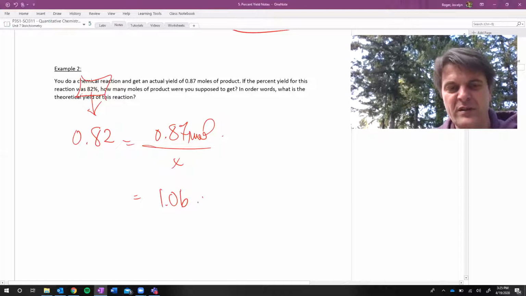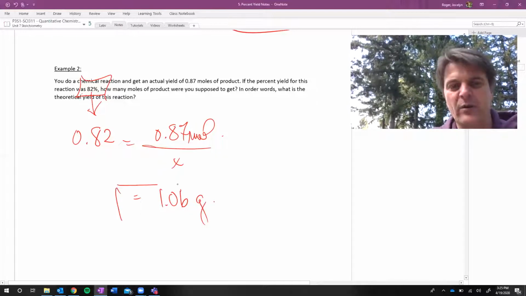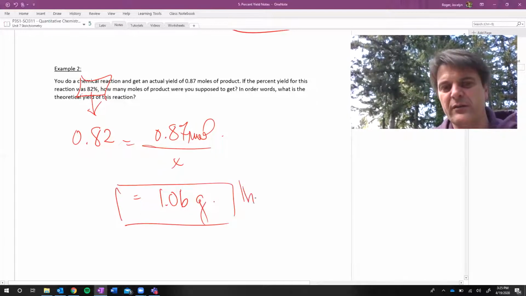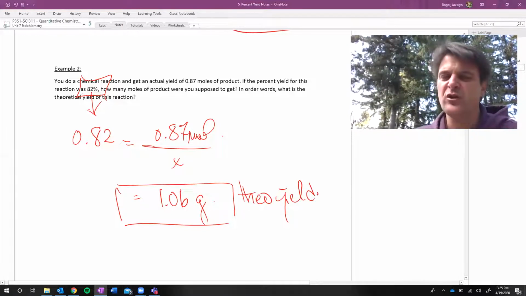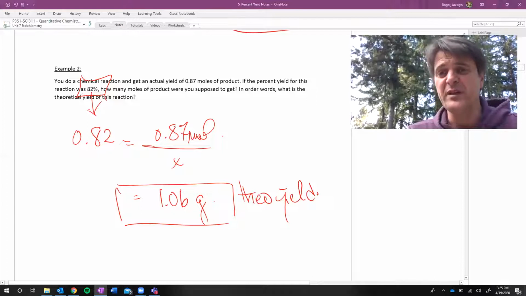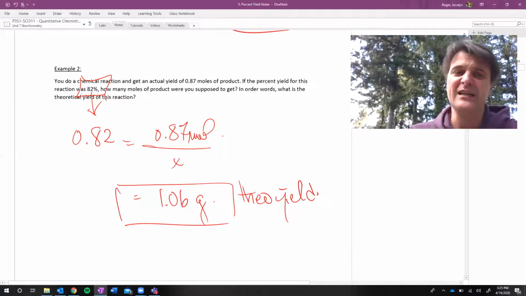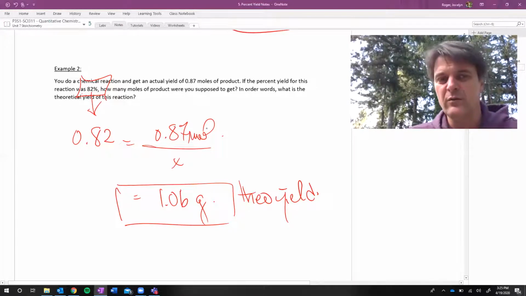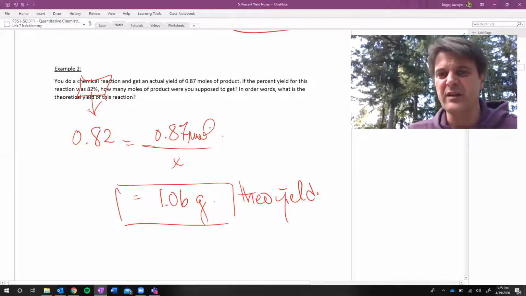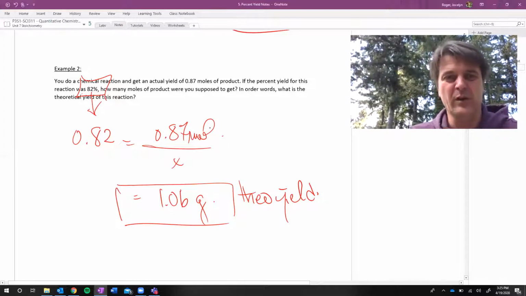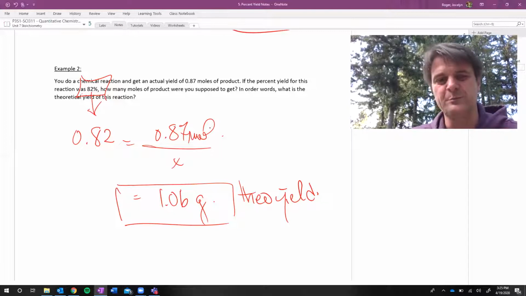So 1.06 grams, that was the theoretical yield. That's how much we were supposed to obtain. But since we only obtained 82% of that, that's the 0.87 that we were given as the actual yield.